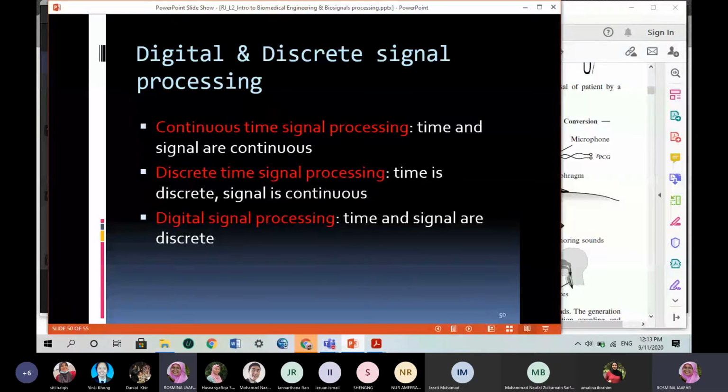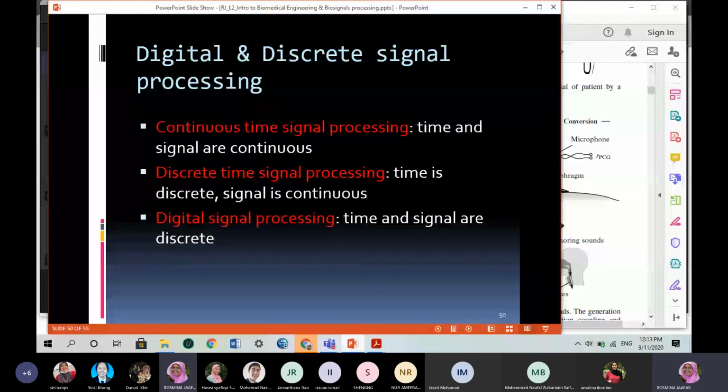But digital signal processing, you digitize, you make the time and also the signal discrete values. So discrete time signal processing is intermediate between continuous signal processing and digital, because in digital signal processing, both the signals and the time have been changed to discrete values.